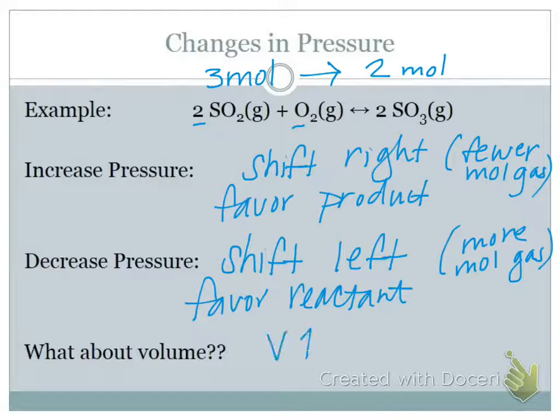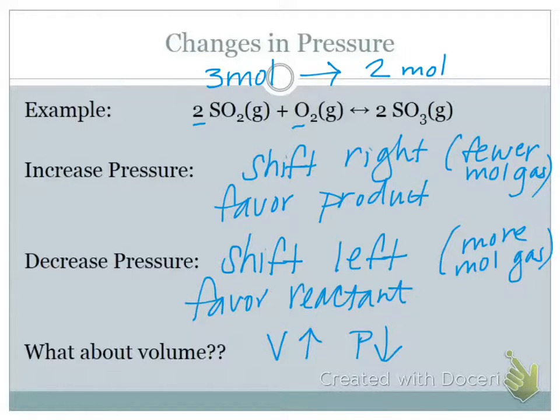If I increase my volume, that means pressure would decrease, so then I would go to more moles of gas. If I decrease my volume, then my pressure would increase, so then I would go to the fewer moles of gas. You have to think of it that way, because it affects it in that direction.